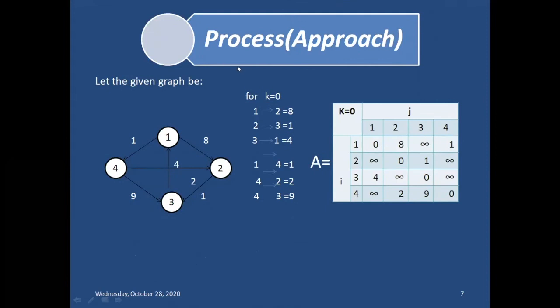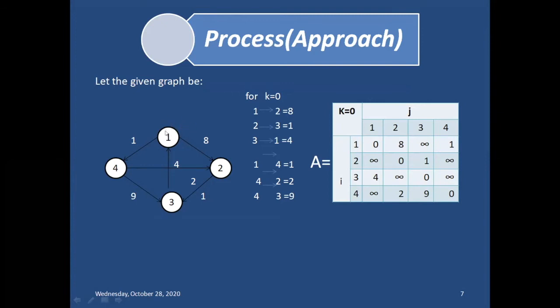Next, the process or approach. Let the given graph be this. We already know the Floyd-Warshall algorithm is an algorithm for finding the shortest path between all pairs of vertices, right?